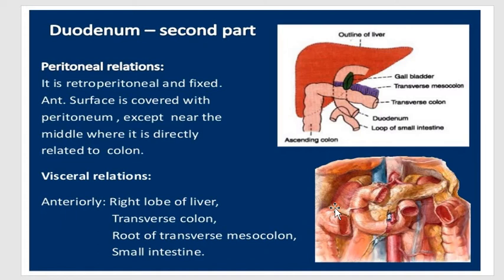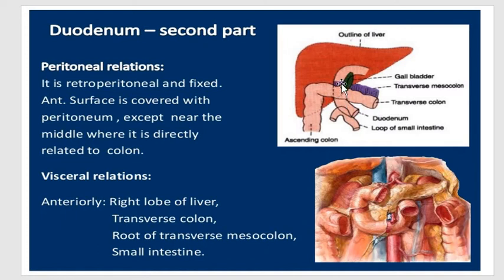So the peritoneal relations of the second part of duodenum. Now you know that the second part of the duodenum is retroperitoneal, that is, fixed to the posterior abdominal wall. Only the anterior surface of this is covered by the peritoneum, except near the middle.